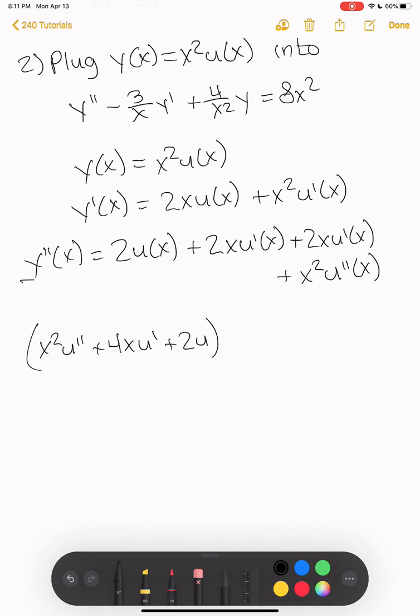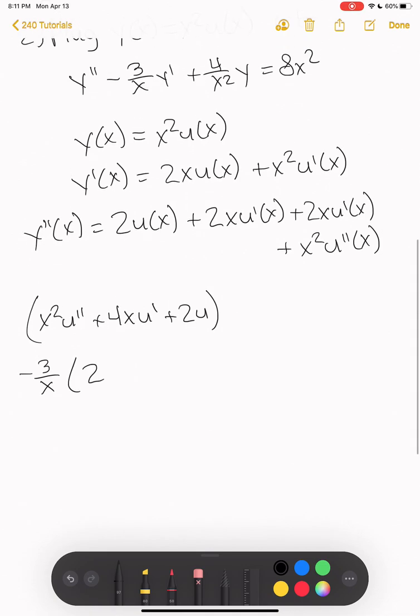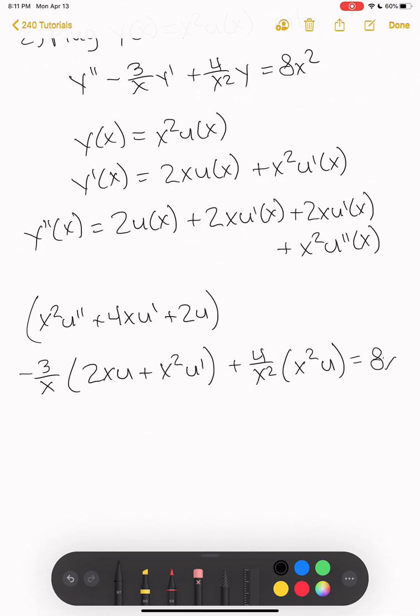So again, that just came from this and that. And then I have minus 3 over x times y prime, which was 2xu plus x squared u prime. And then I have plus 4 over x squared times y, which is just x squared times u. And that should give me 8x squared.